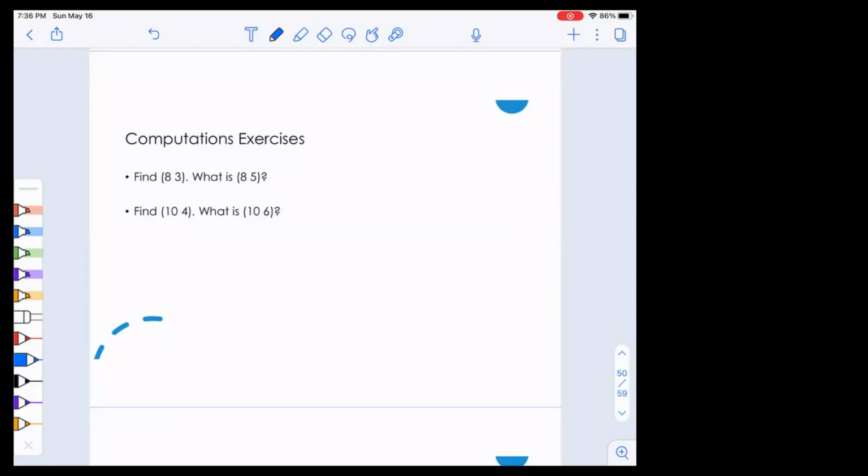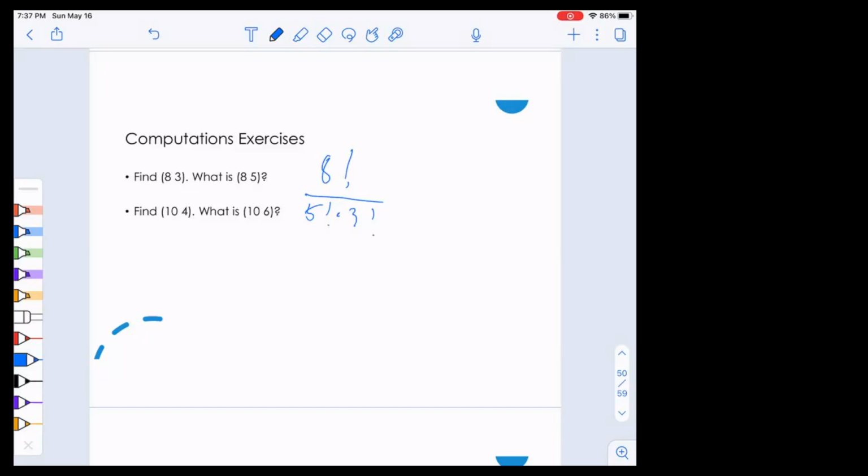So for the first one, choose 3 from 8. What is choose 5 from 8? So first we're going to choose 3 from 8. We're going to use the formula. And then I'm going to write this out.